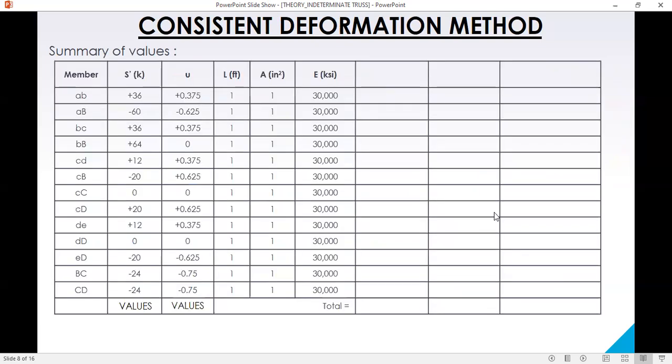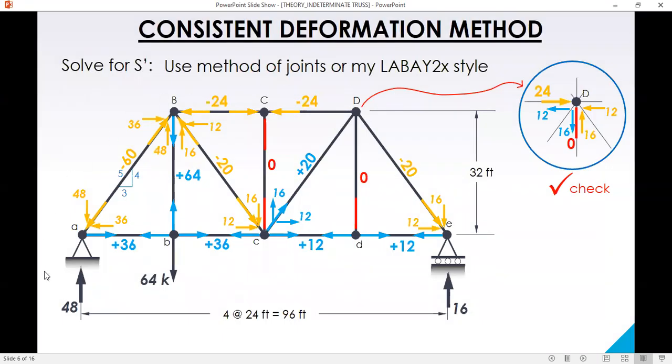Let's construct this table. So the first column is for members, second for S prime, and then U, okay? These values are taken from this one. So like EB, positive 36, EB, negative 60.